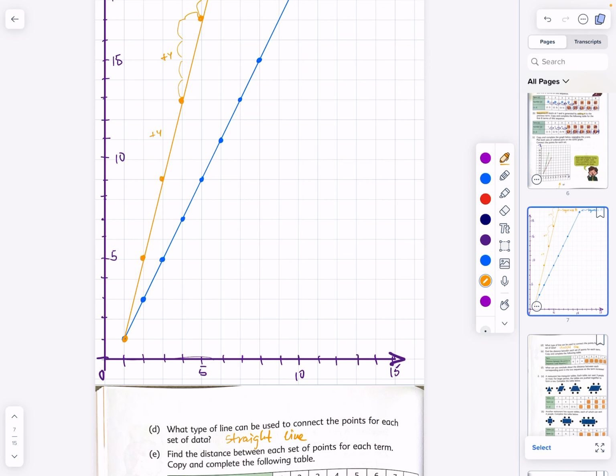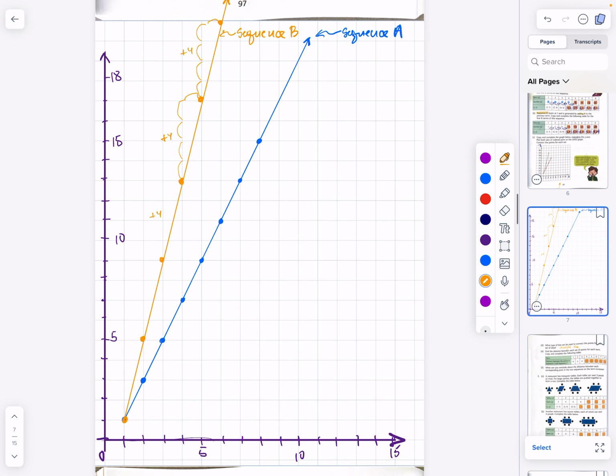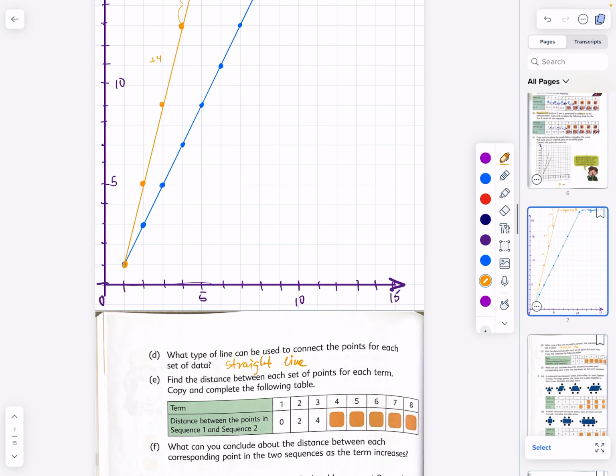Now, find the distance between each set of points for each term. Copy and complete. Notice this. The distance between the points in sequence A and sequence B right here. So for the first point, there is no difference, correct?